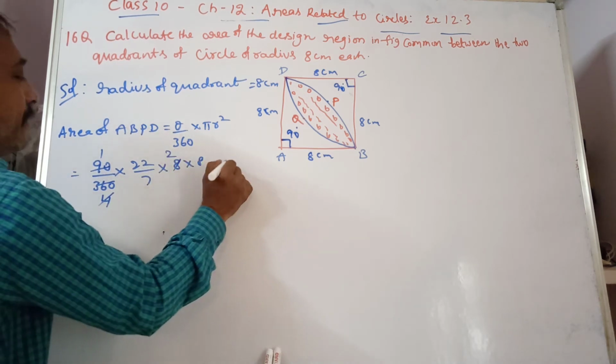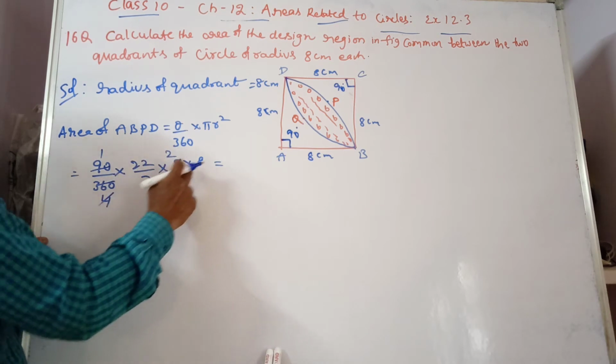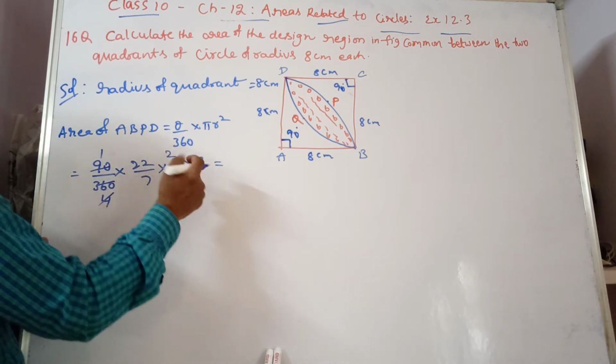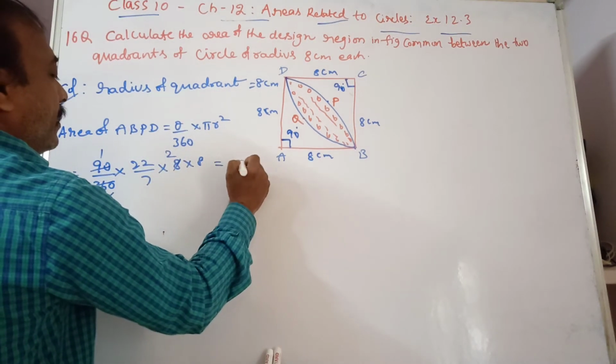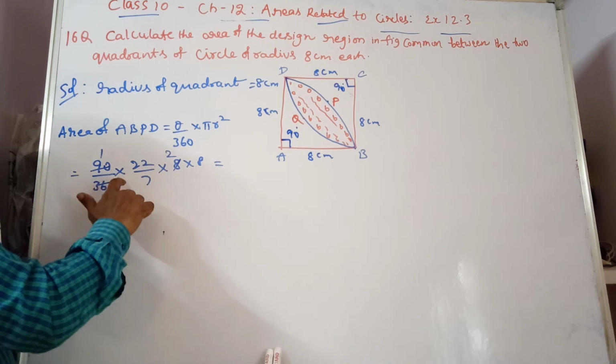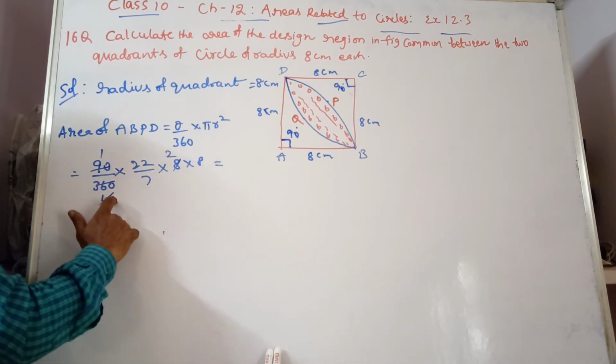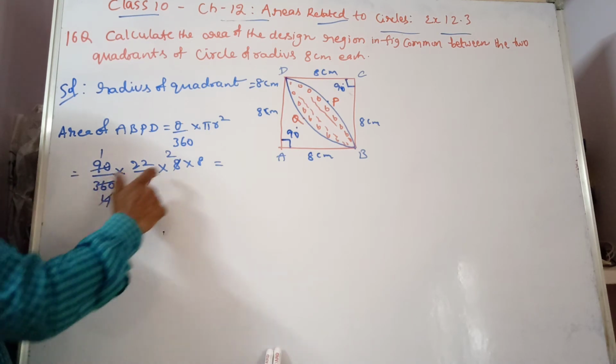Theta by 360 into pi r square, so 1 by 4 into 22 by 7 into 8 into 8. 4 twos are 8.